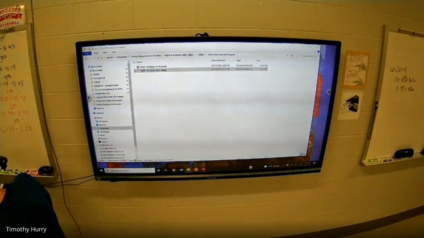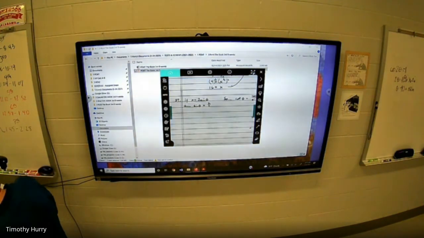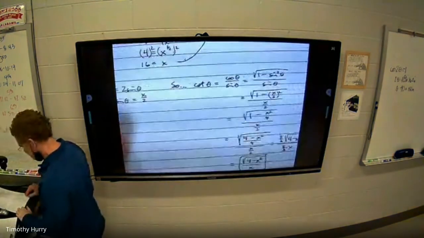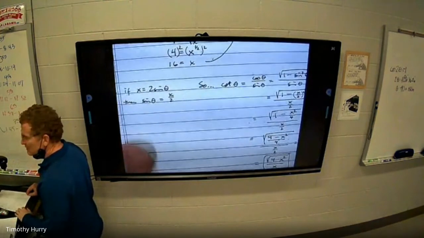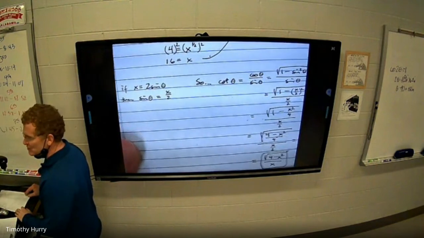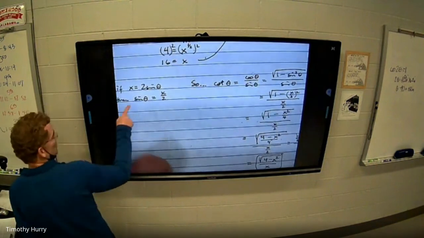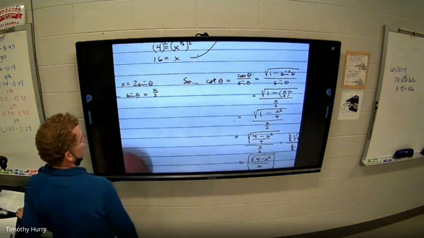You draw the triangle, and the radius would be 2. What triangle? I think we're doing 37. Hey, you can do that, Bailey. You actually don't even have to. If you know that the sine is this, cotangent is cosine over sine, right?